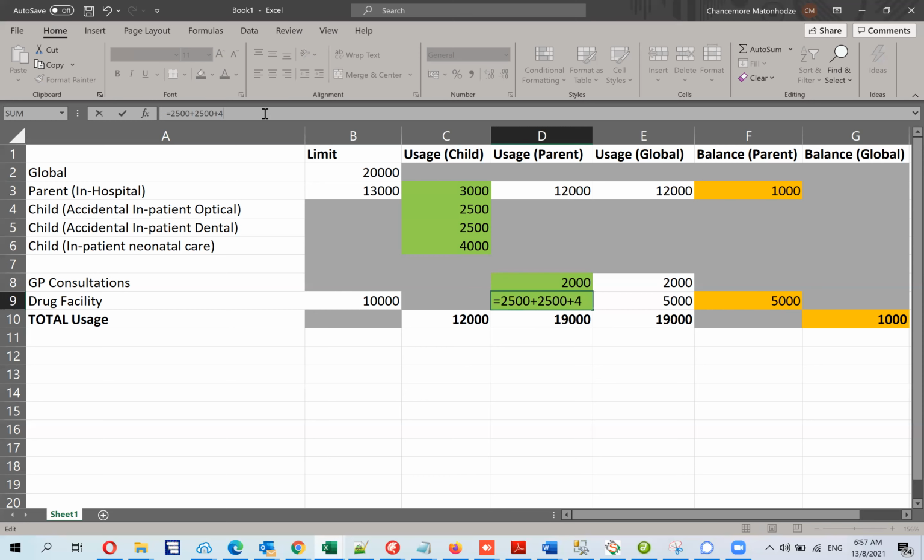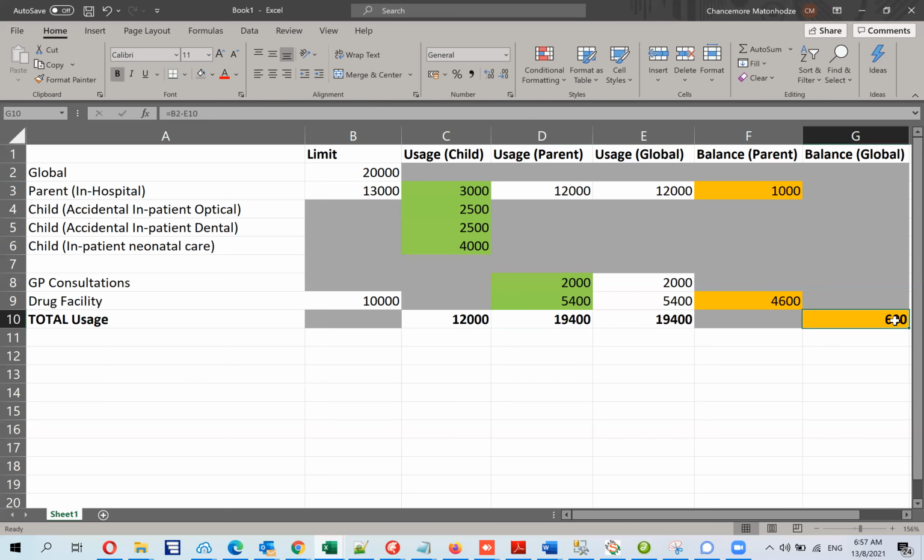More medicines for 400 are taken. So now the global limit has been affected and it's now 600. However, this has not been touched, it's still 1,000. So this is an interesting scenario which we are trying to illustrate. We still have 1,000 available on this parent, but on the global we only have 600.